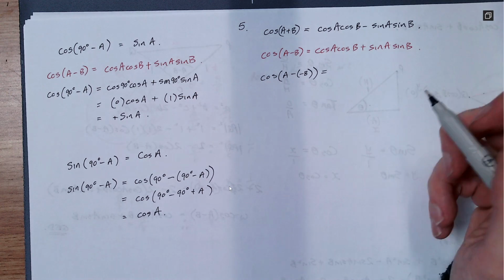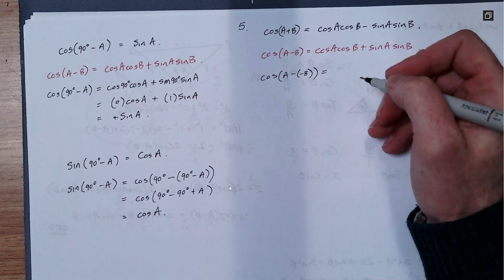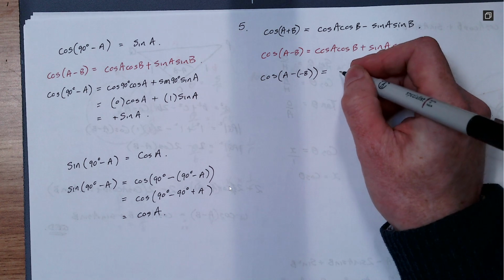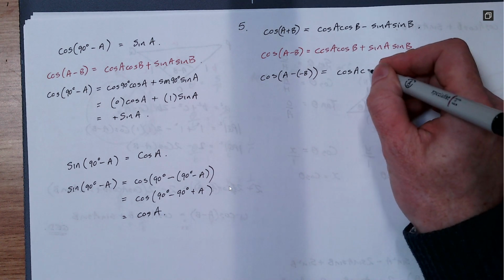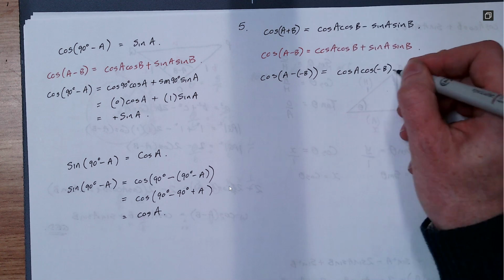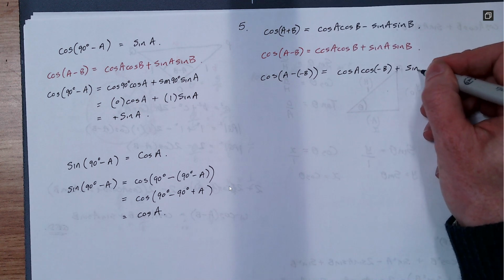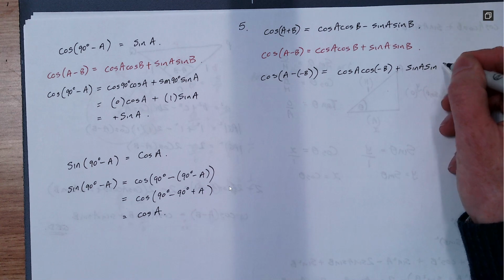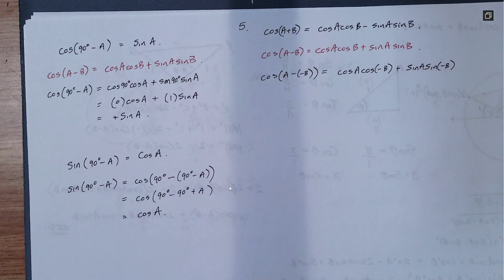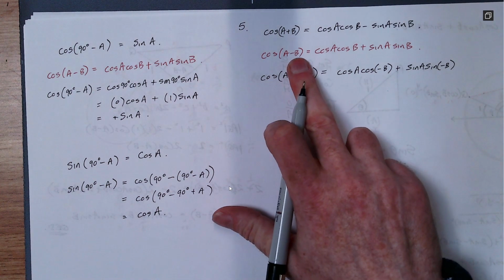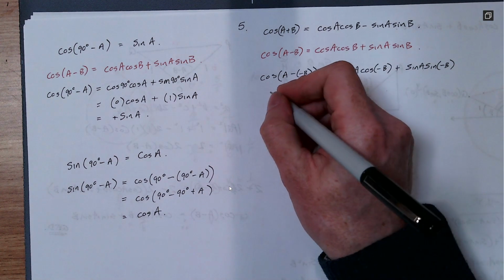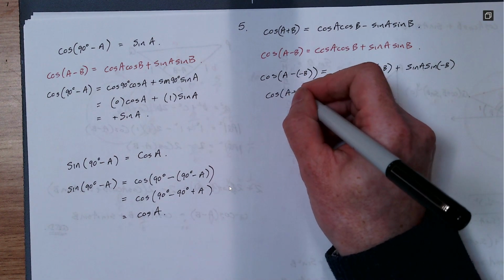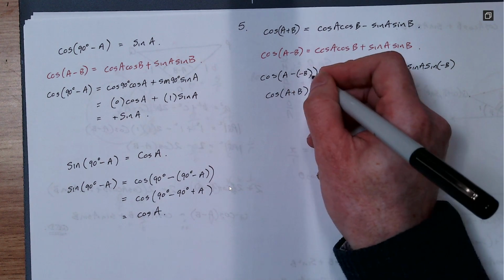So we get cos A cos of minus B plus sin A times sin of minus B. So we just correspond minus B and it will be cos of A plus B, so that's minus for minus you get plus.